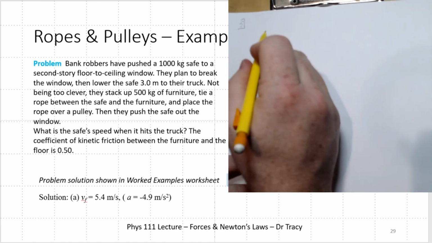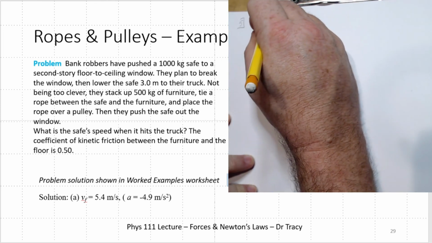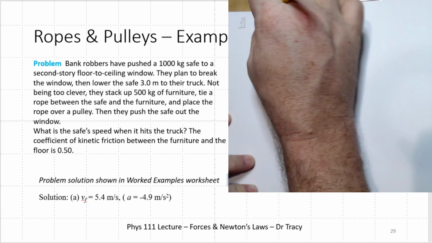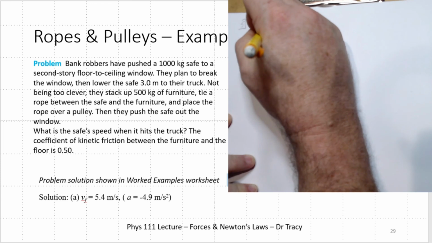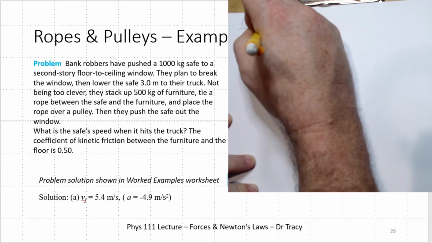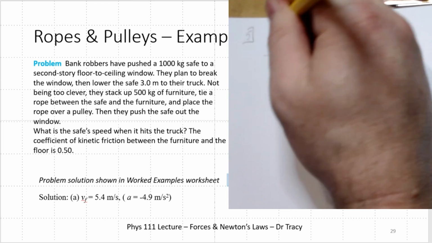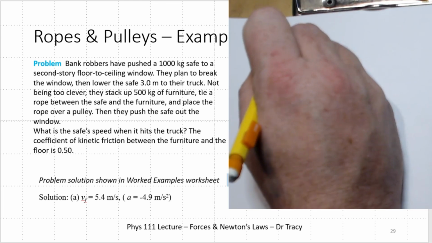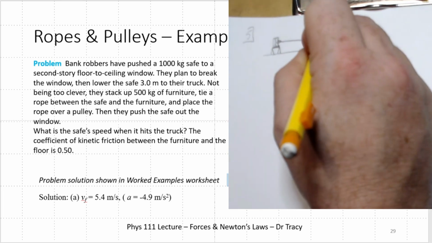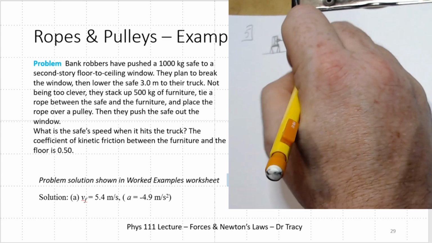Let's start doing that. All right, so here's our safe, or here's the, I'll draw it as a chair. There's our chair, and they've got this tied by a rope over a pulley to the safe here.